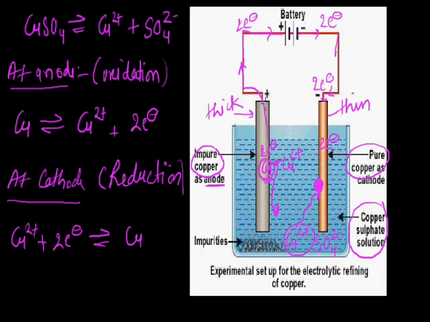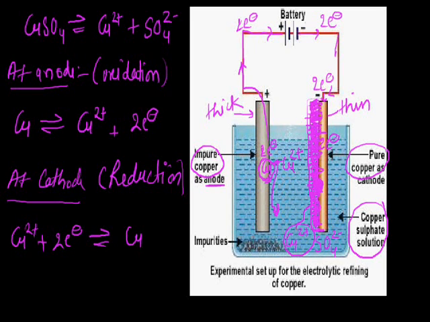After some time we get a very thin layer here and a very thick layer here, which is the deposition of copper atoms on this rod. Or we can say that after some time this rod becomes thicker and this rod becomes thinner due to removal of copper ions.